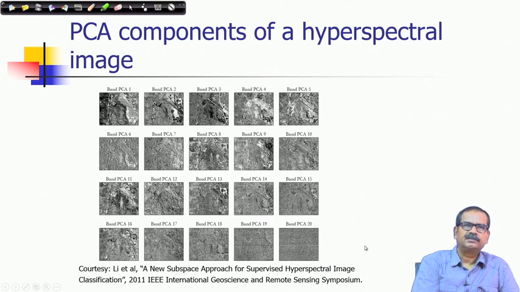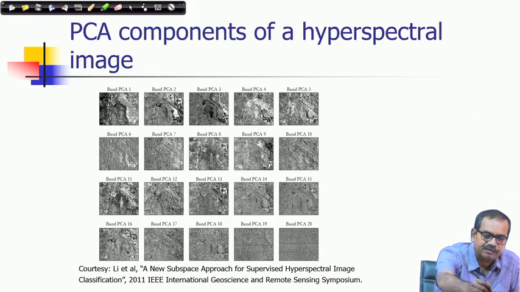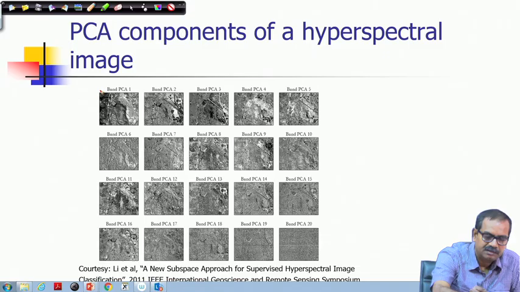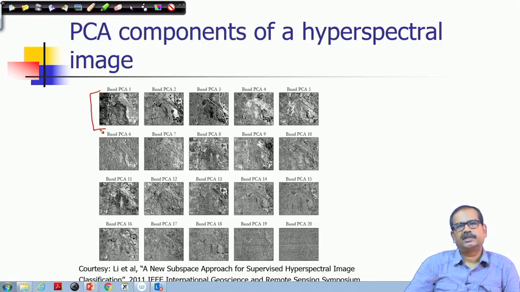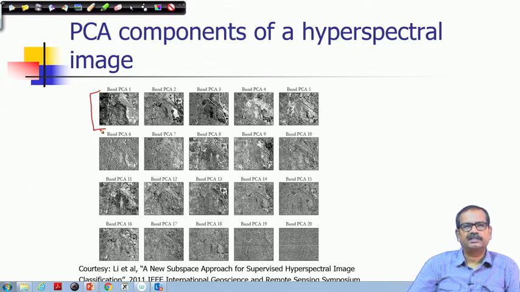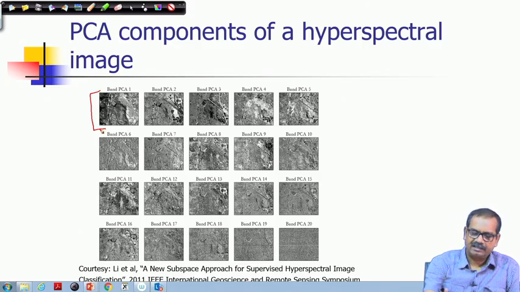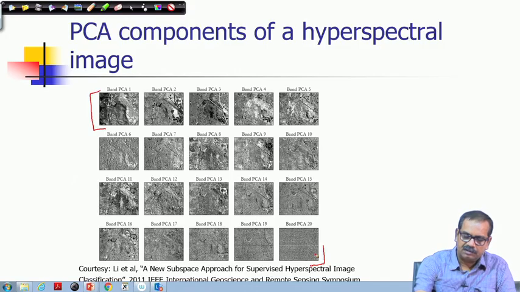This is one example where I am showing the PCA components of a hyperspectral image, and you can see that it starts from this, which corresponds to the maximum variance, maximum eigenvalue. You have a lot of information and details there, and this is the minimum eigenvalue.